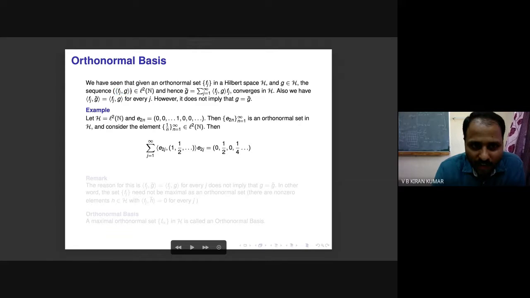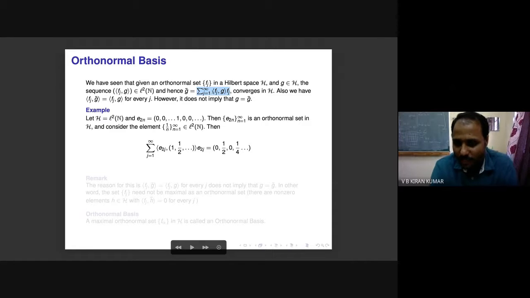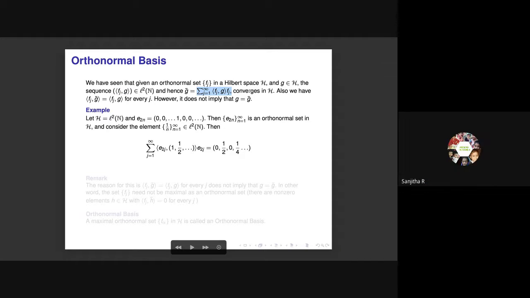Therefore, corresponding to every L2 sequence, you replace the role of alpha j by this, so the summation alpha j fj will converge. That's what we have just seen. By Bessel's inequality, fj, g is in L2n. Now apply the Riesz-Fischer theorem for fj, g. Therefore, this will converge.